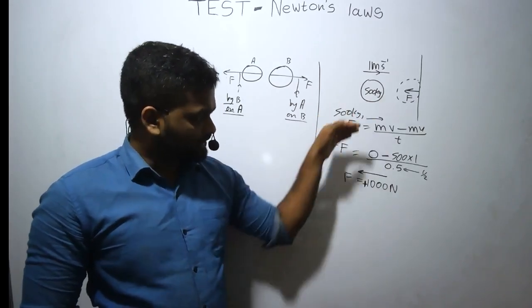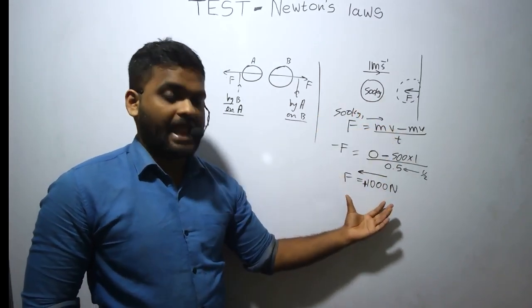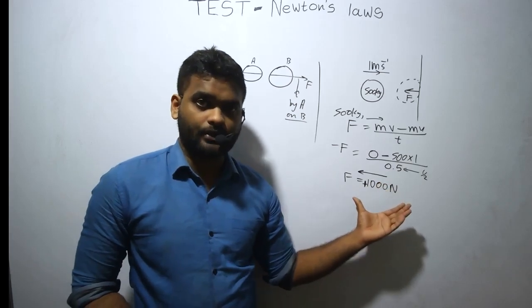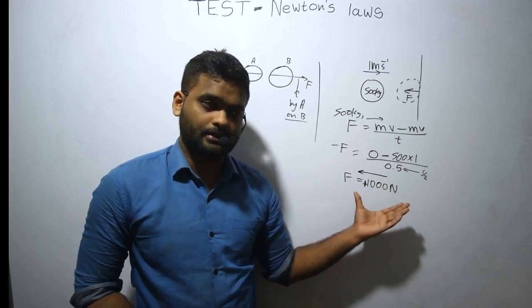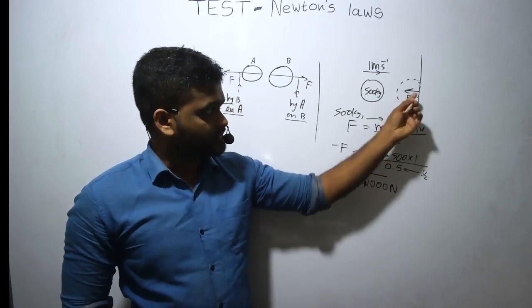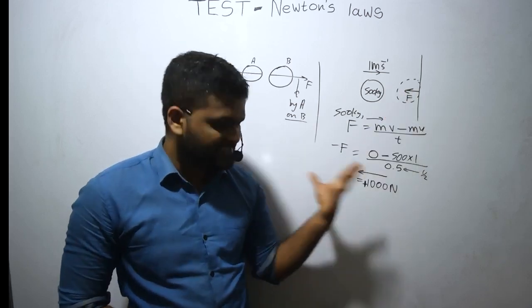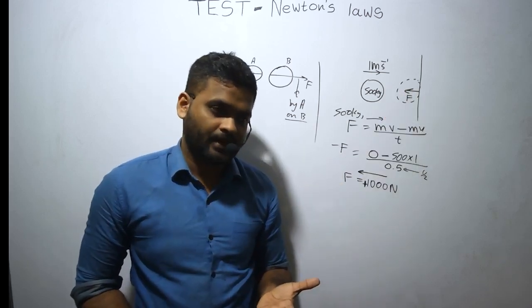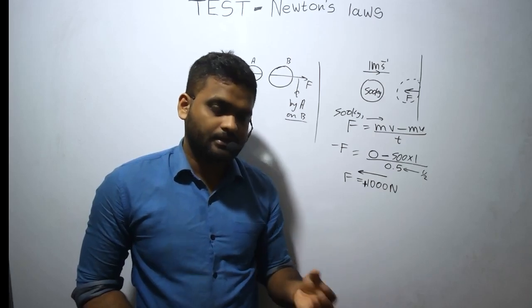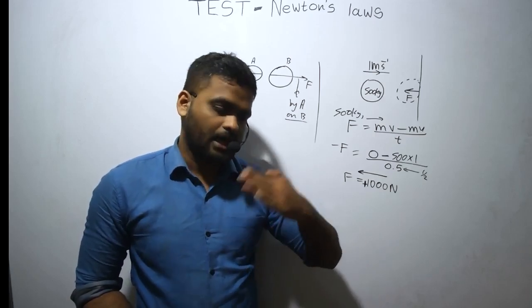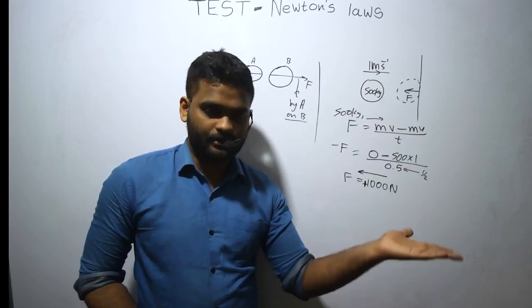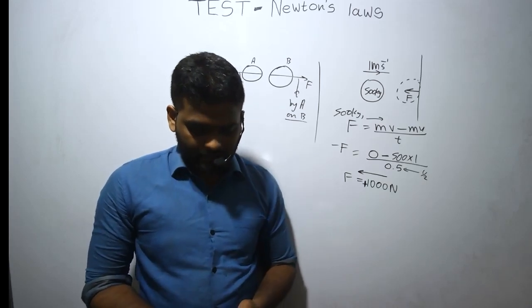So I just put the direction and you got the answer. And if the answer is positive, the direction you assumed for the unknown force is correct. That's what it means. If you get a negative answer, you have to say the direction is not this direction, it should be the other direction. Right.